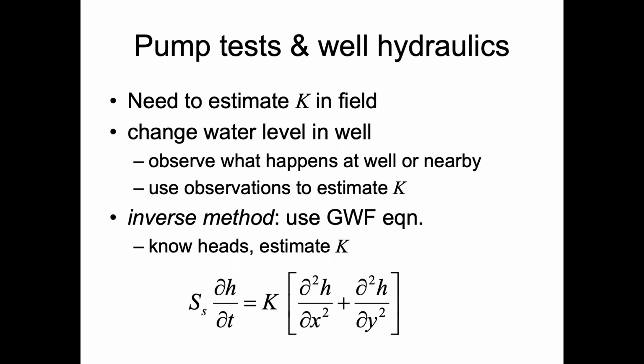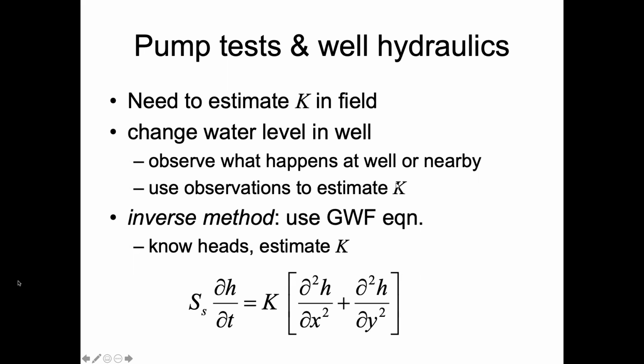And then oftentimes we're going to have wells, observation wells is what we're going to call them, nearby, so that we can understand how that change in the driving well, the pumping well or the injection well, is influencing the area around it. And then we use these observations to estimate that hydraulic conductivity, or we may multiply that by our aquifer thickness.